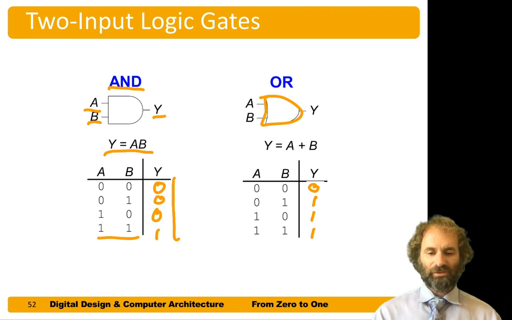Sometimes mathematicians use the symbol intersect, A intersect B for AND, A union B for OR, but there's no intersect or union keys on the keyboard, so I prefer to stick with the regular Boolean equations.